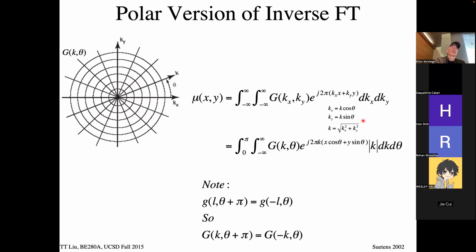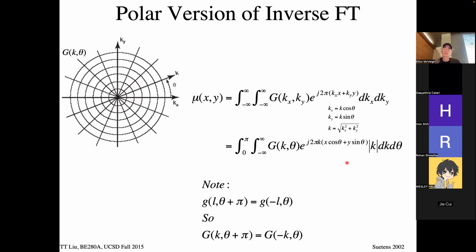However, when we go to polar coordinates and we're doing an integral, we need to use the Jacobian for polar coordinates. Recall that the Jacobian is r dr d theta. In our notation, k is equivalent to r, so we put in the Jacobian, absolute value of k dk d theta.